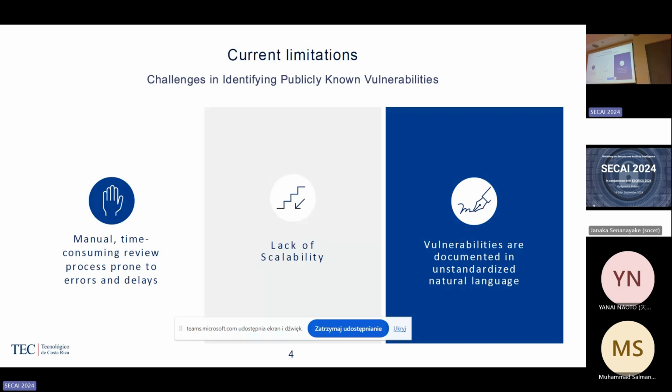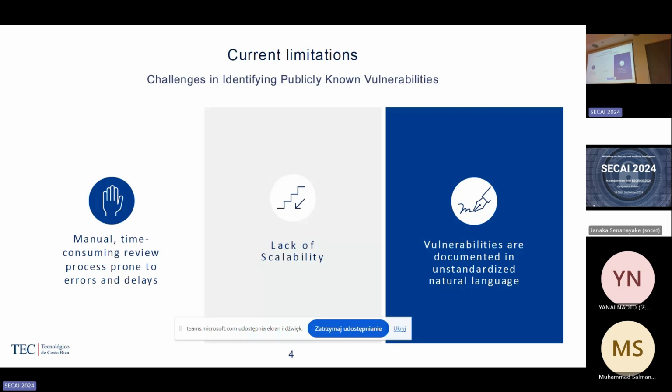Basically, this update is manual. There's a new vulnerability, we go there, we understand what is happening, and we try to patch and add new features to our scanners for it, right? So a human is intervening in that process, understanding what is happening and creating a patch. That is prone to errors and delays, right?